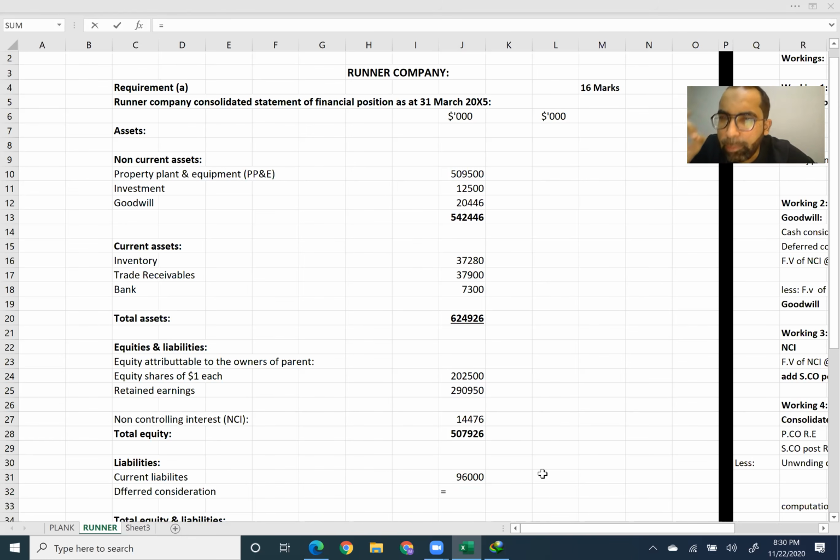The payment date of deferred consideration is 1st of April X5, and your year end is 31st March X5. Just after one day you have to pay. So that's why your deferred consideration is your current liability. In this question, deferred consideration is a current liability.